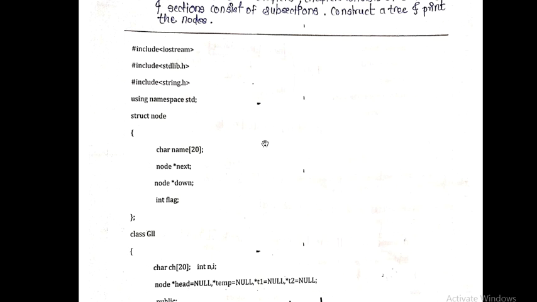Now with that we are also using a structure. Why are we using the structure? So that we can combine different data types, like characters or integers or node data types, by using this struct.